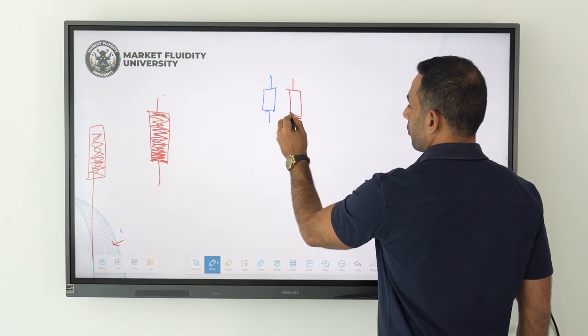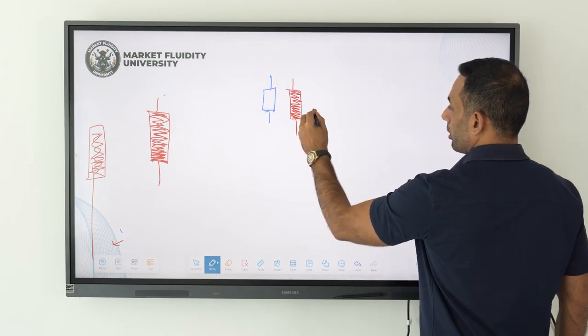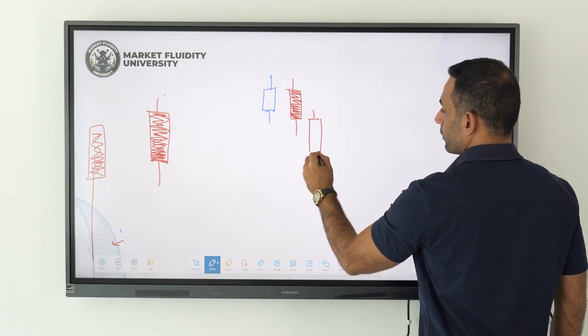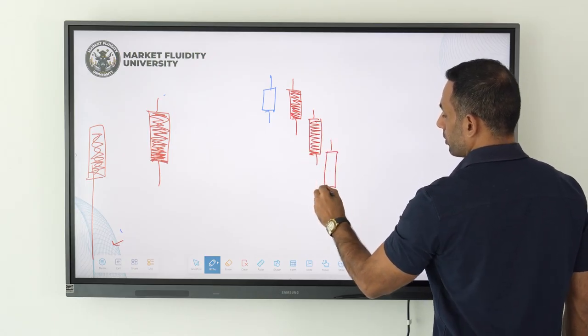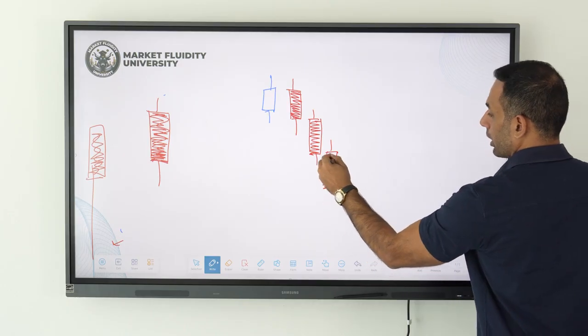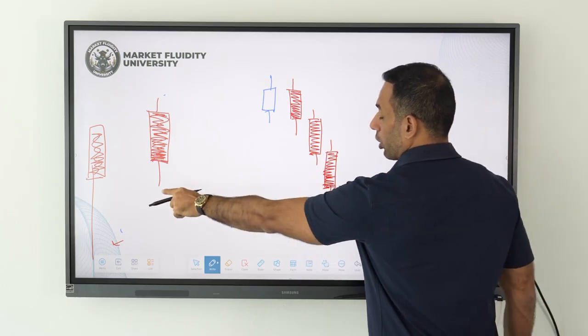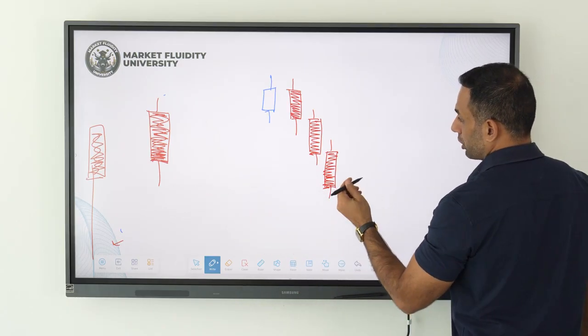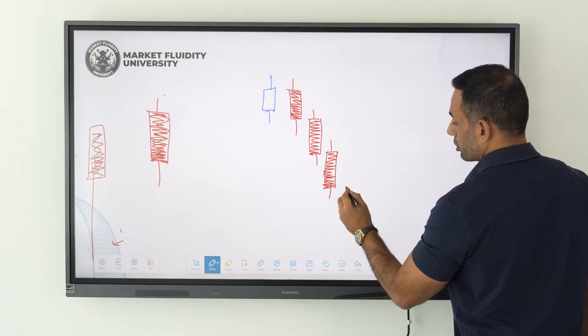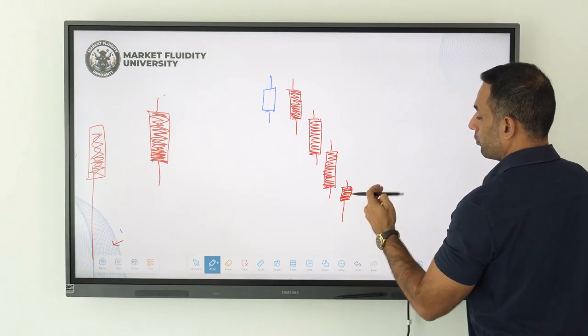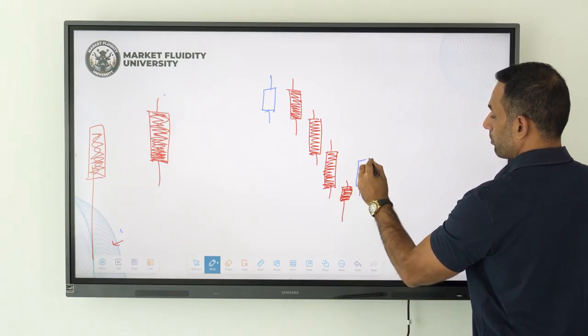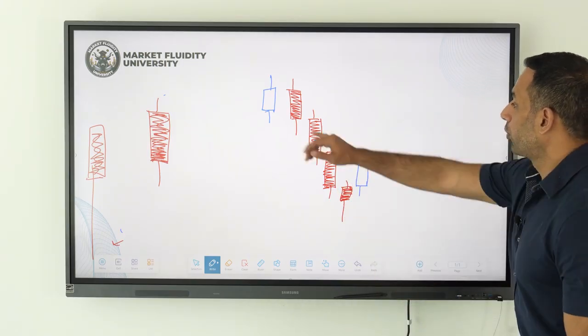We have a bearish candle over here, 2 bearish candles, 3 right over here. We continue to move down, and it looks like we created a wick on the daily, which may look something like this for price to push down. And then we had price moving up like this. 1, 2, 3, 4, 5, 6.